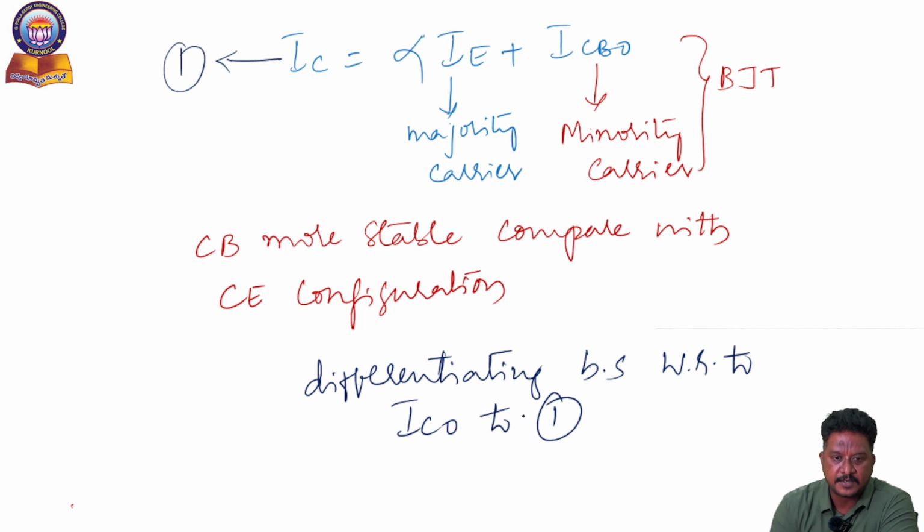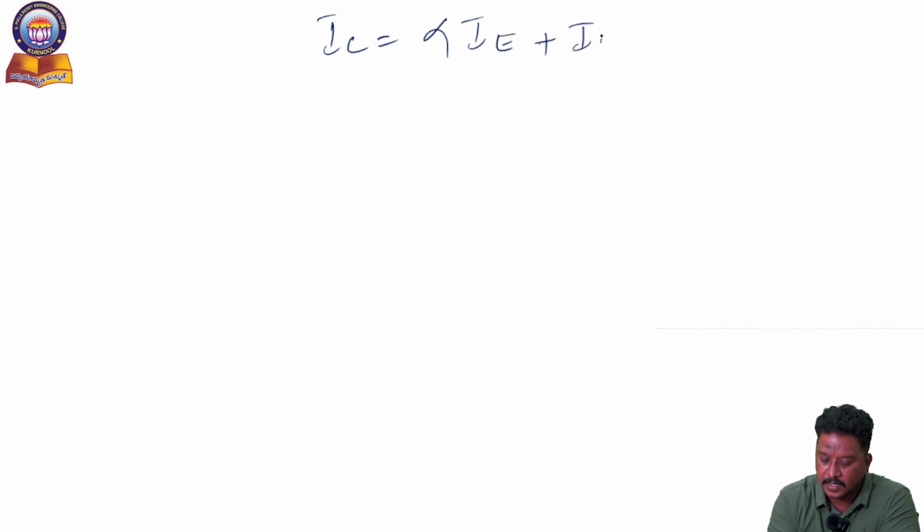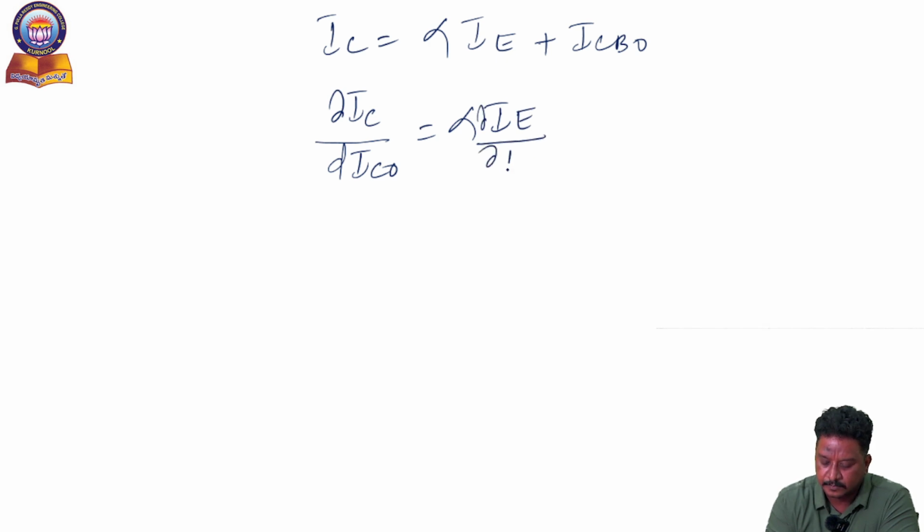After differentiating both sides with respect to ICO for equation 1, IC is equal to alpha IE plus ICBO. So I am differentiating IC with respect to ICO. Of course, alpha IE is also differentiated with respect to ICO.